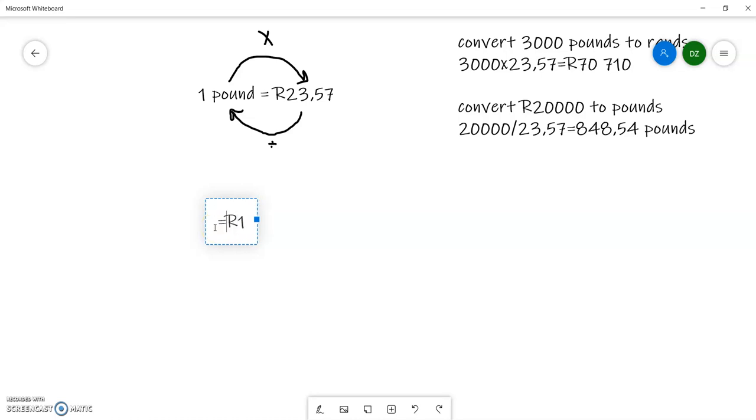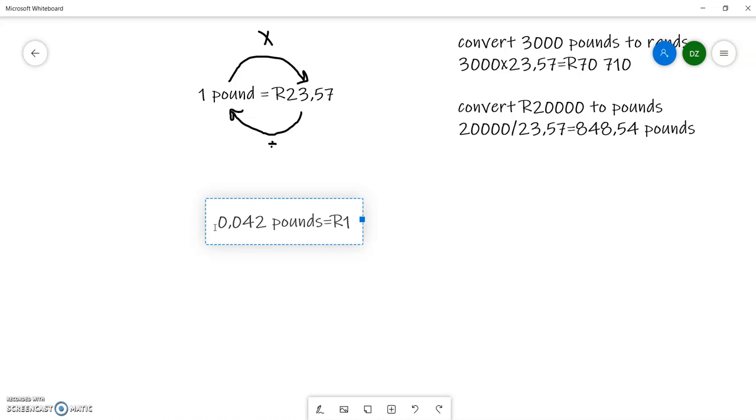So if I divide my right-hand side by 23 rand 57, I need to divide the left-hand side by 23.57 too. So 1 pound divided by 23.57 is going to give me 0.042. And you'll see with currency that they often have more than just 2 decimal places because of these exchanges. So don't freak out, but when you give that final answer it must be to 2 decimal places.